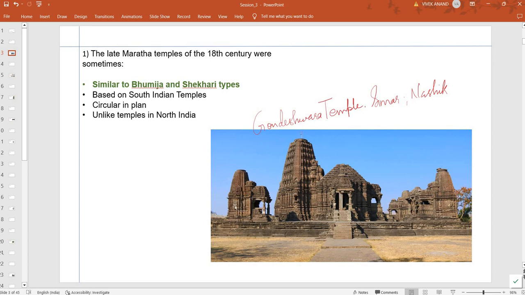It has a similar style. So what is its style? At least the Garbhagriha. Those who answered Gondeswara temple, can they tell what is the style of this structure?